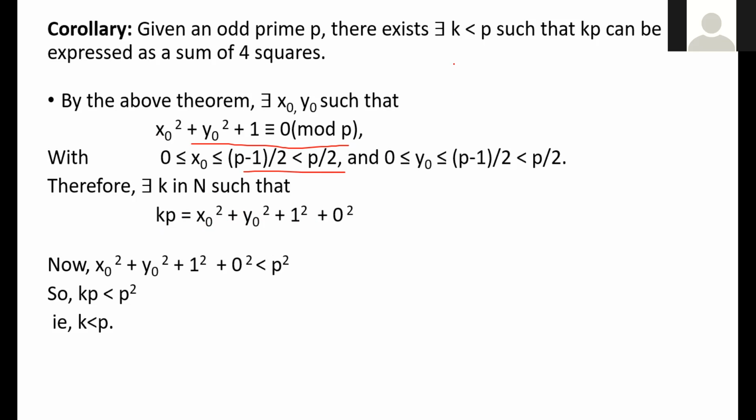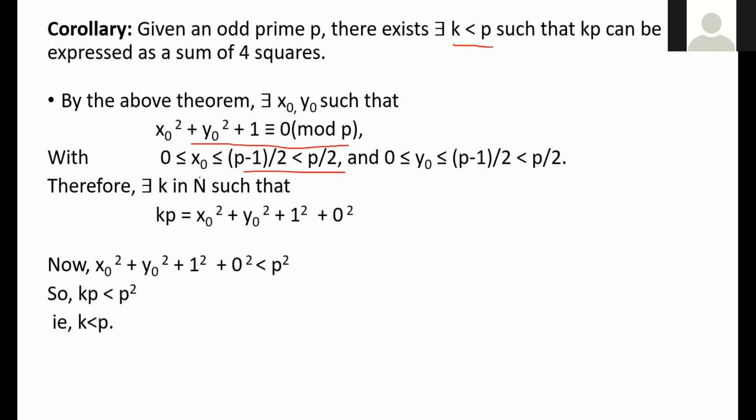Now what we need to prove is that k is less than p. So we use these bounds that we have, and so x naught square plus y naught square plus 1 square plus 0 is less than p square. Why is that so? Can anybody comment?